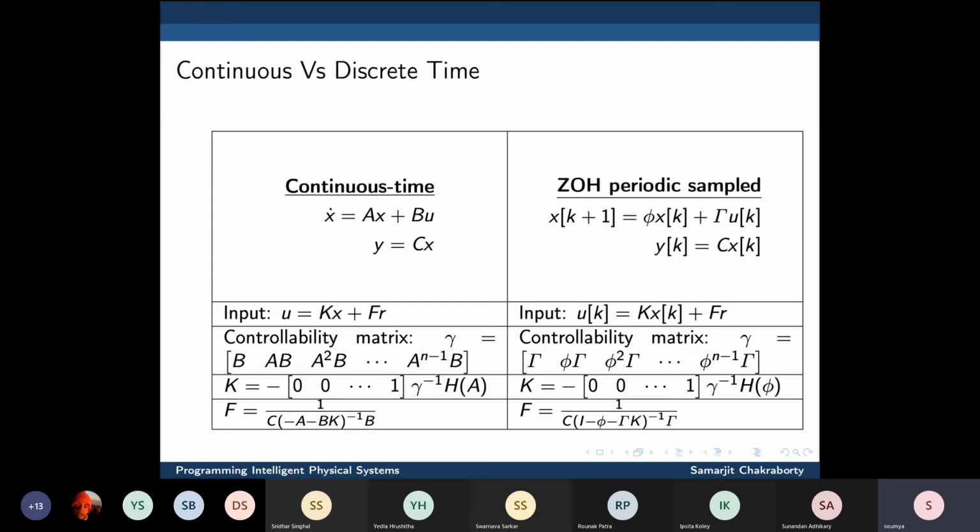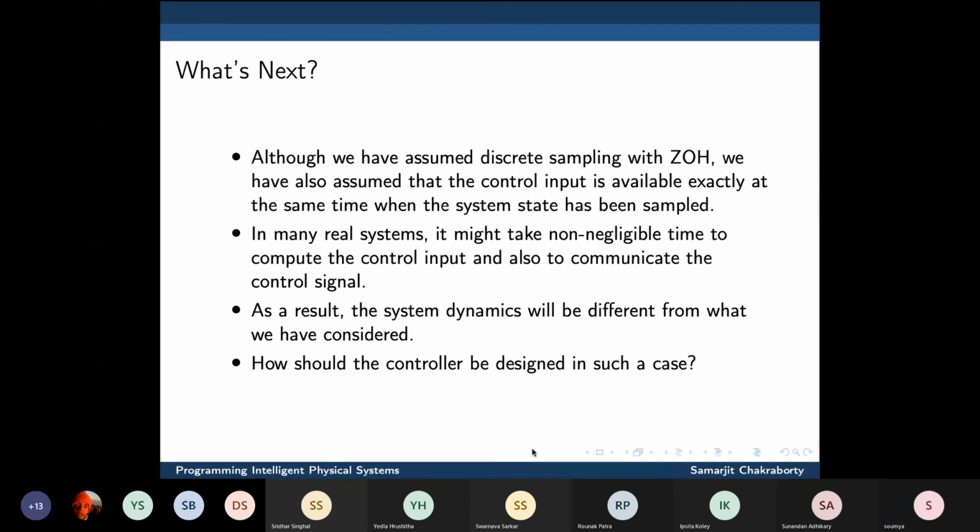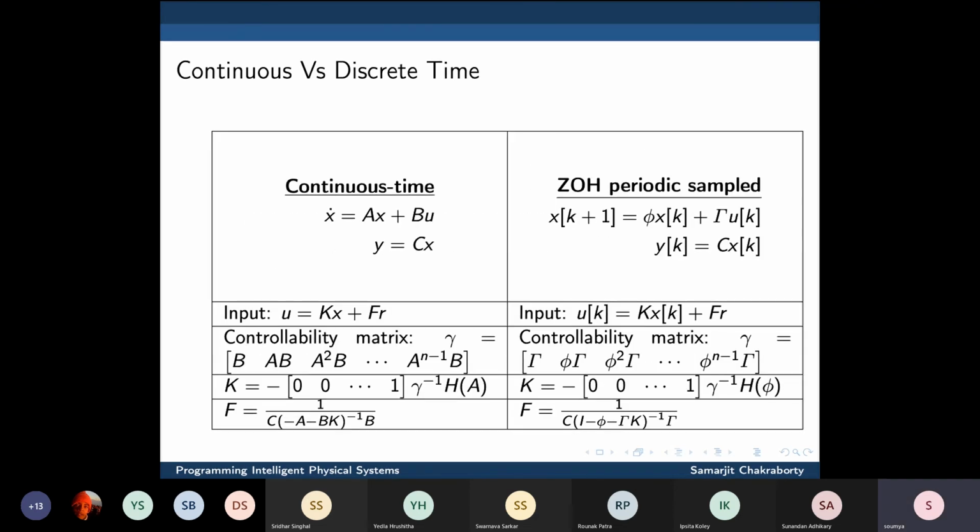So whether it's in continuous time or in a zero order hold based periodically sampled system, the overall thing is the same. The only difference is, if it's a zero order hold based periodically sampled system, you have to compute these matrices phi and gamma from your original matrices A and B with a suitable choice of sampling period h, right? And the rest of the things remain almost the same. So that's your summary of how we'll be designing the controllers in both discrete time and continuous time.